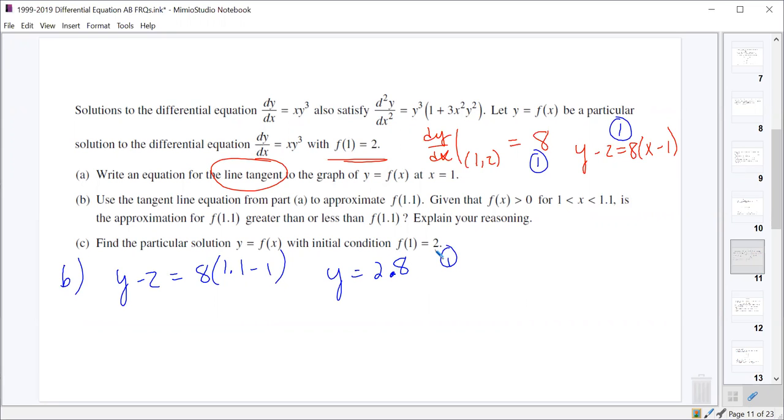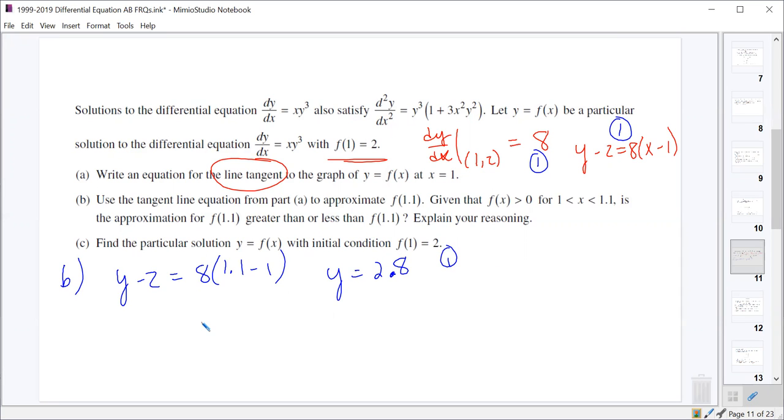But then they want to know, given that our function is always positive between 1 and 1.1, is the approximation for f of 1.1 greater than or less than f of 1.1? So how do we figure that out? Concavity of the original function.